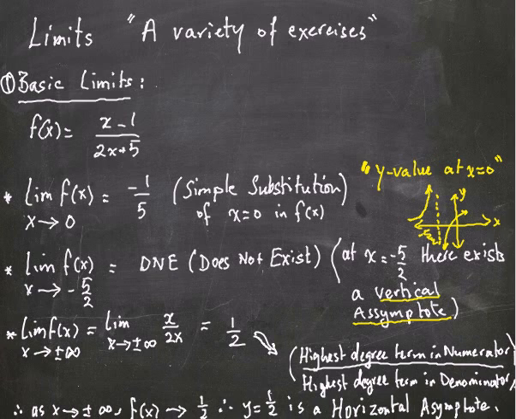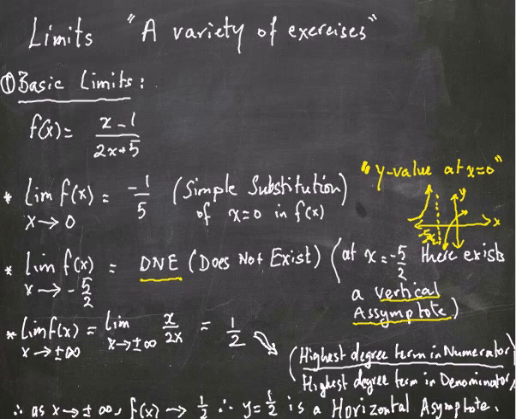So the behavior reaches infinity, positive or negative, around the vertical asymptote, x equals negative 5 over 2. Therefore, since the y value has no limit, it reaches an undefined value, we say that the limit does not exist.